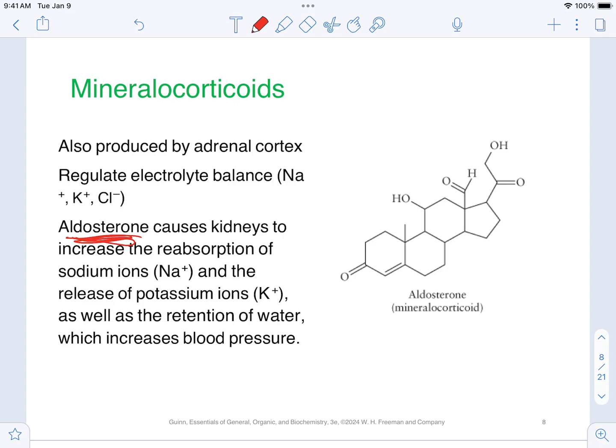This is the primary mineralocorticoid. You can see a picture of this on the right. Again, you have your 4 fused rings. Drugs that inhibit the release of this aldosterone are used to treat hypertension, so high blood pressure.